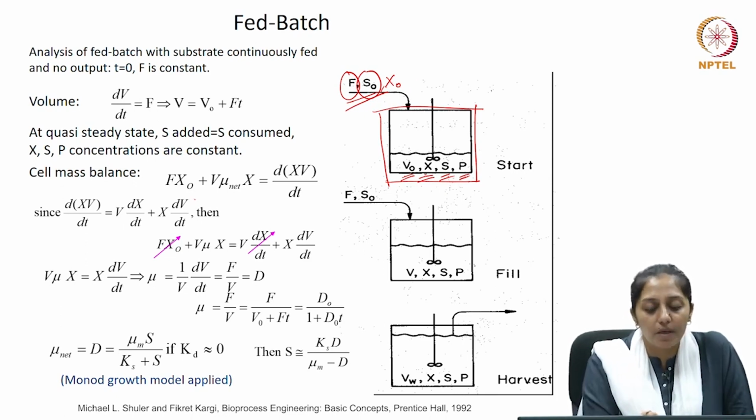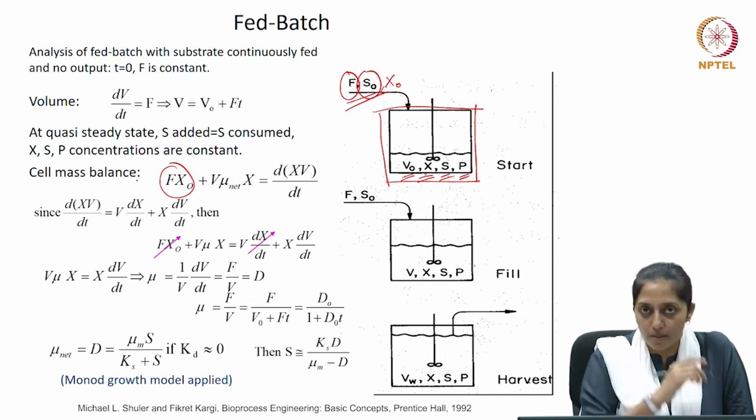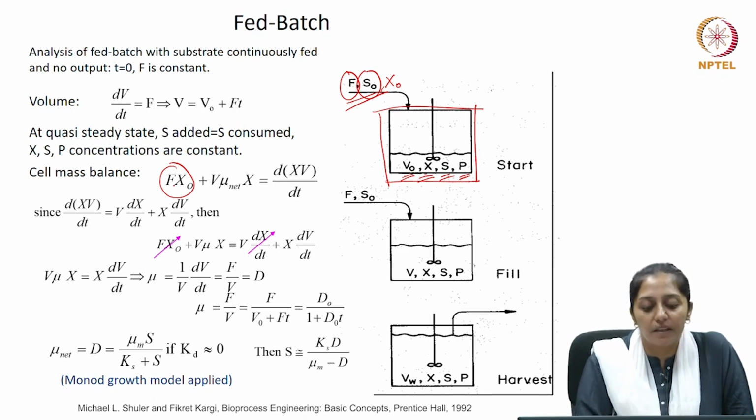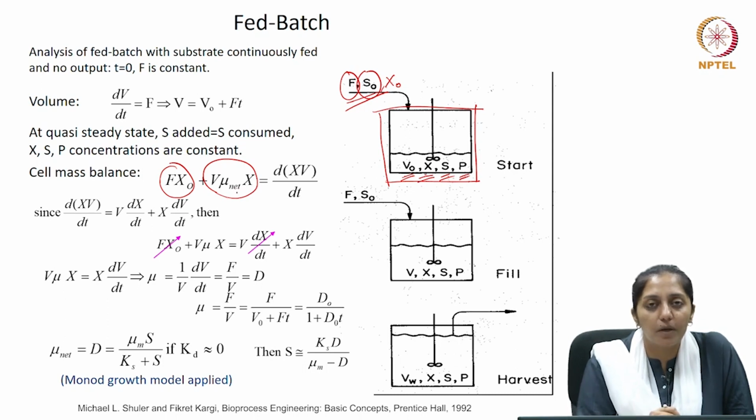Now, if you do a cell mass balance, F x naught is the inlet. So, it is the rate at which the biomass is coming inside the reactor. The second term, can you guess what is that? Right. Can you see the term mu?